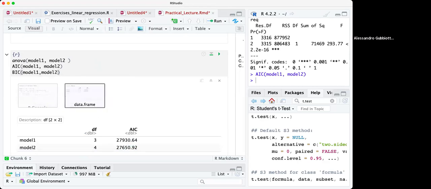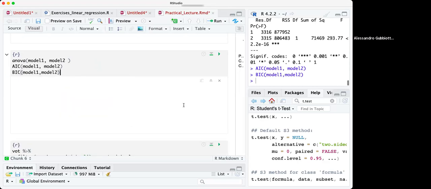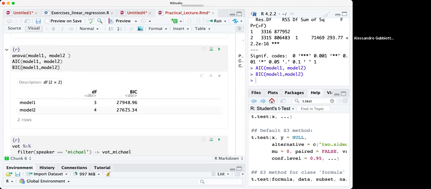Maybe let me share the wiki page. Also here, the second model is better.